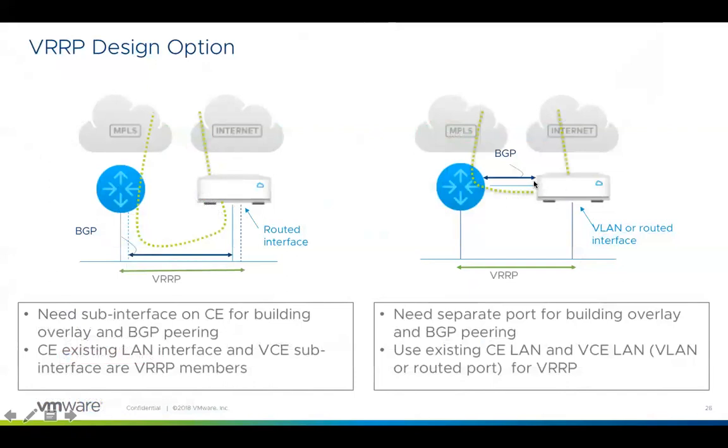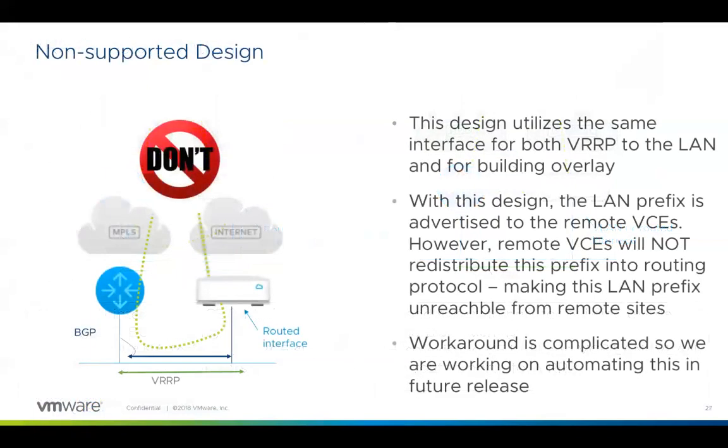What we typically recommend is a different interface, like a transit VLAN, connected to the CE, where we establish the overlay tunnel, and a separate interface would be used to run VRP. Using the same interface for both VRP and for establishing the overlay across MPLS is not supported.